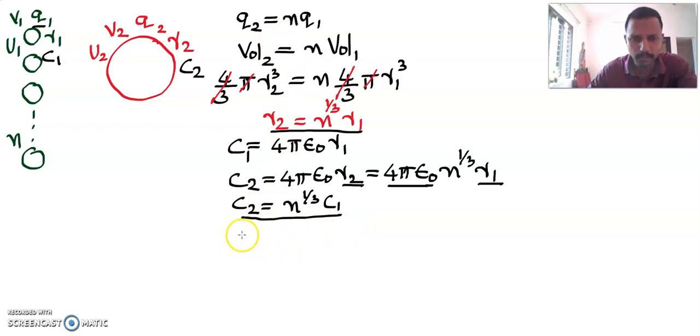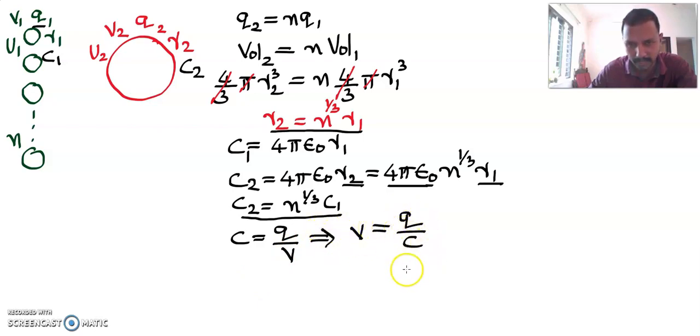What's the basic definition of capacitance? C is equal to Q by V is the basic definition of capacitance. That means we could write V is equal to Q by C. Can I? Therefore, V is equal to Q by C can be used. Instead of V, if I put V1, what's V1? V1 is the potential of the smaller drop.